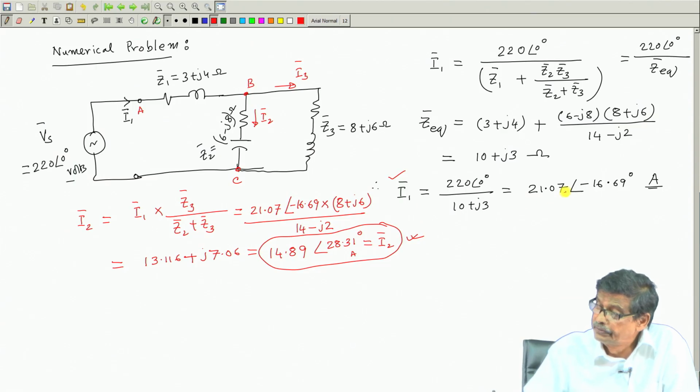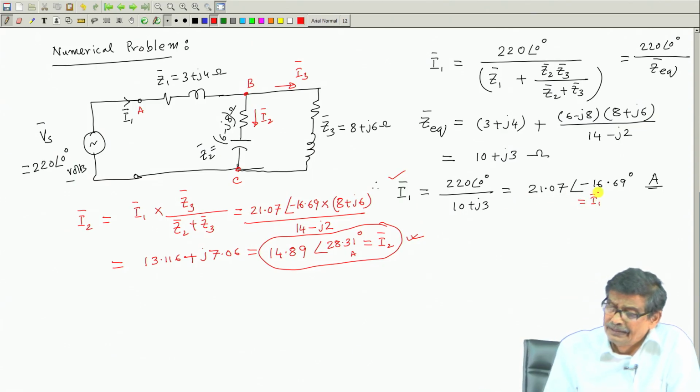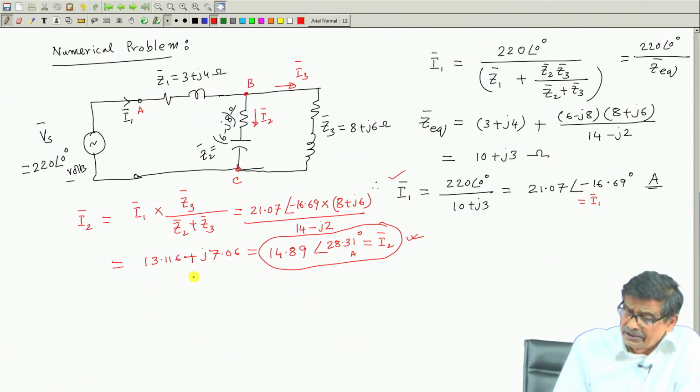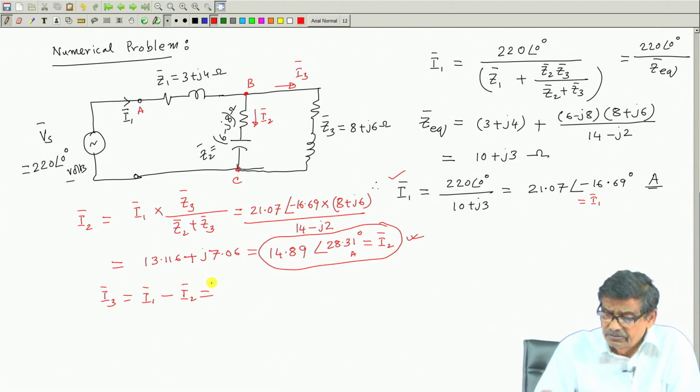So, I 1 bar and I 2 bar are known. Then I 3 bar can be calculated, but I have calculated it in this way. I 3 bar, because KCL has to be satisfied, will be equal to I 1 bar minus I 2 bar. I have calculated it in various ways so that you understand that with phasors KCL is also satisfied at the nodes.